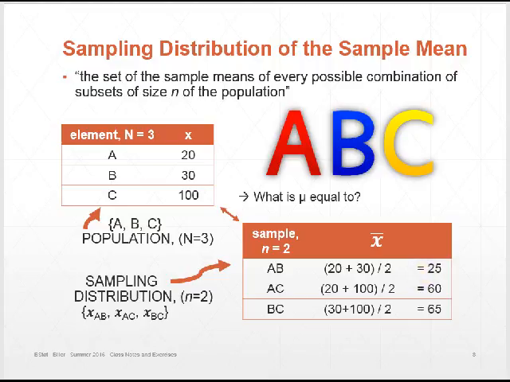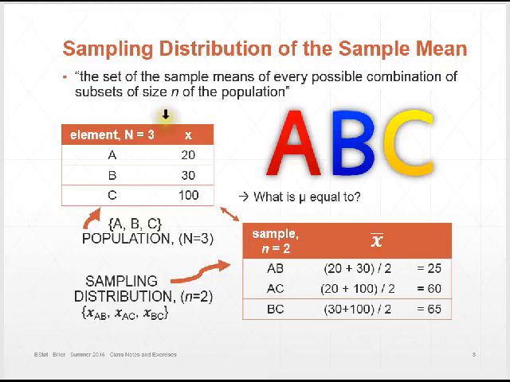And let's look at what happens when we take the mean of each of those samples. Before we do that, let's figure out what the actual population mean is. So with 3 elements, the summation of the x values is 150. Thus, our population mean is 50.